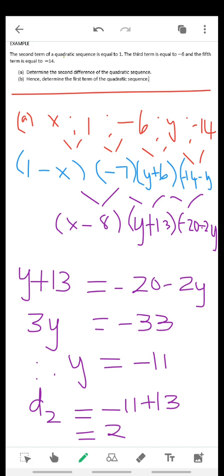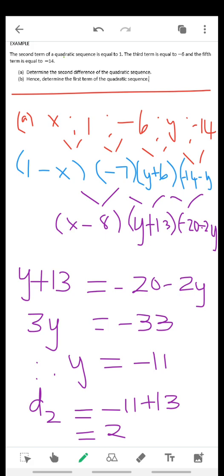For the fact that they didn't give me the first term and the fourth term, I represent them with different variables. I said x is my first term, then let the fourth term be equal to y. You're allowed to do that because variables represent unknown values. Now determine the second difference of the quadratic sequence. Quickly, what do we know?